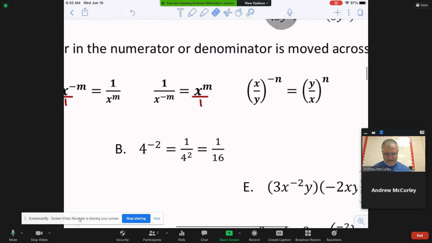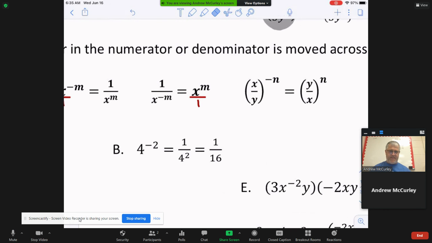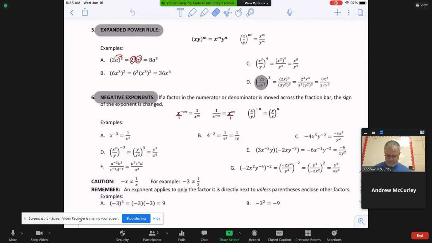But that's up to you. There are different ways. It's not like order of operations where you have to do it one way. You can use the different rules any way you need to, as long as you don't apply them inaccurately.